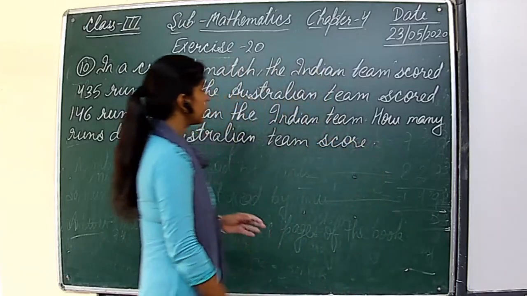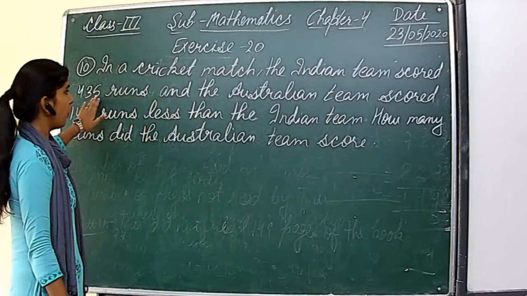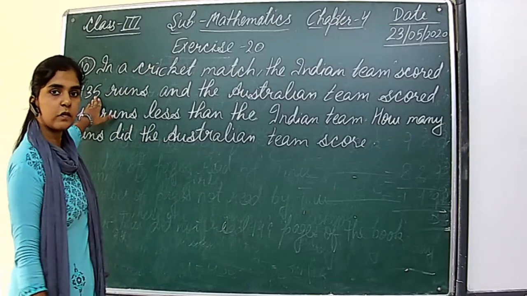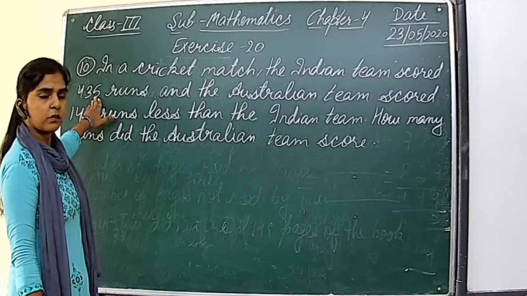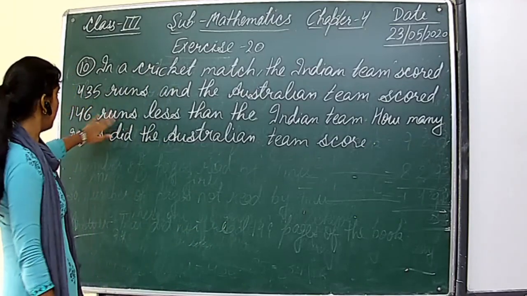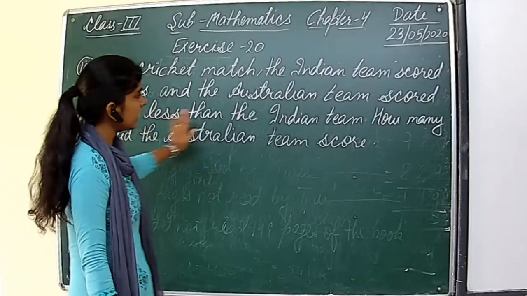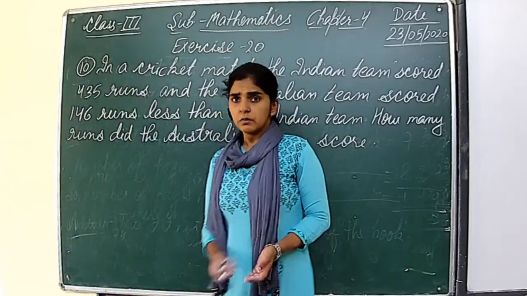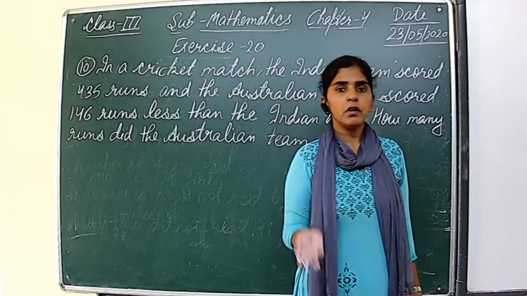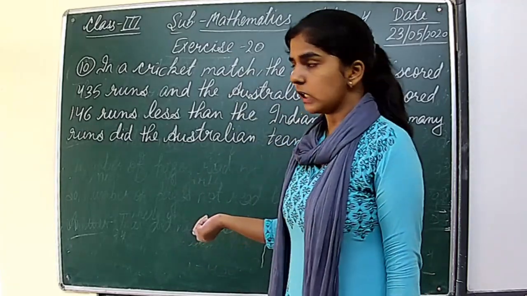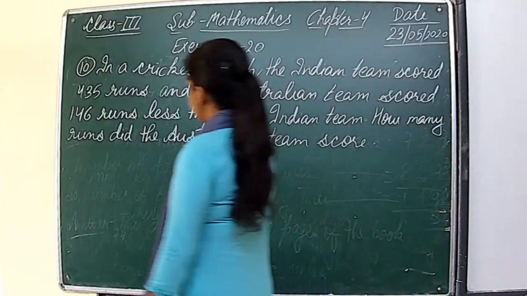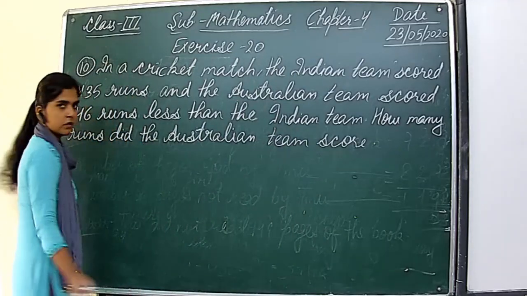So what is the score of Indian team? 435. And what will be the score of Australian team? 146 less than the Indian team. It means to find the number of scores of Australian team, we need to subtract this number from that, right?